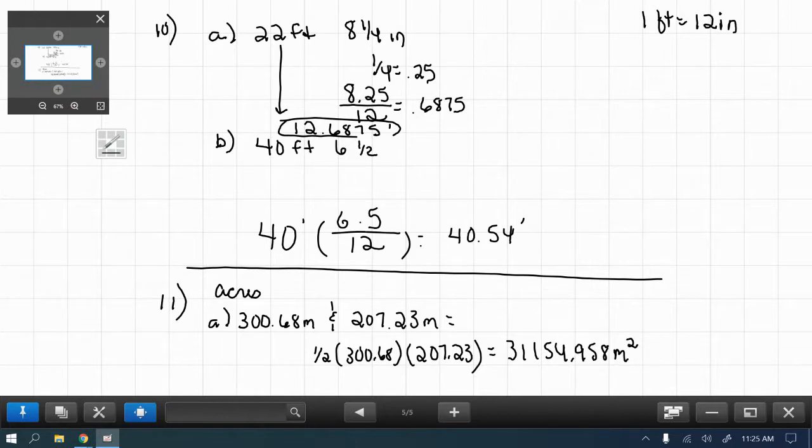Okay, so I need that in acres. So 1 acre equals 4,046.9. I'm looking at the front of the book. So I'm looking for acres.